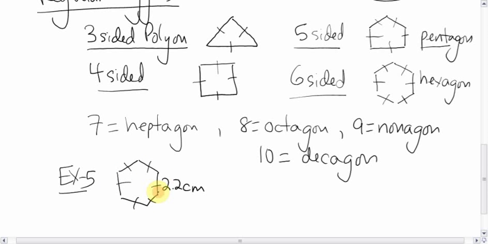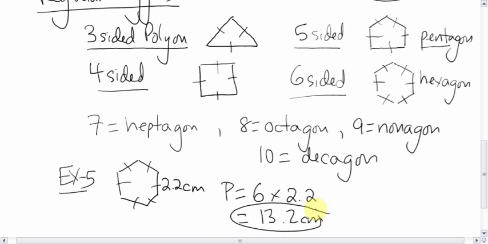Well, you could just go 2.2 plus 2.2 plus 2.2 all the way around, or it's just quicker and easier just to go 6, because there's 6 sides in a hexagon, times 2.2, and you would get your final answer 13.2 centimeters. Circled, done.